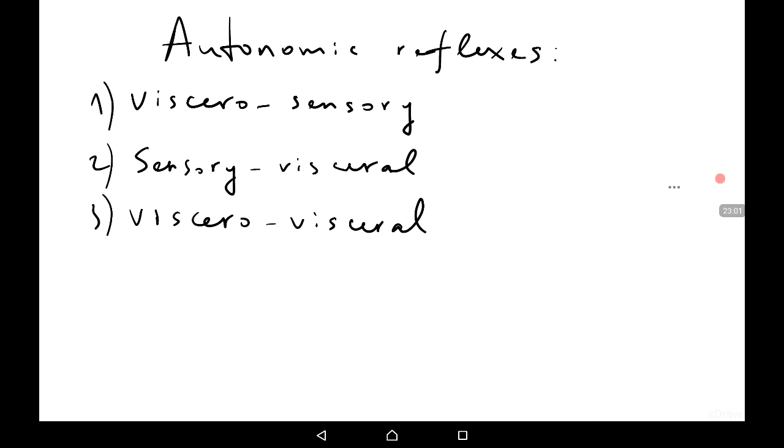Sensory visceral reflexes. For example, in Chinese medicine, the stimulation of different parts of the skin may influence distant internal organs. So this is an example of sensory visceral reflexes.